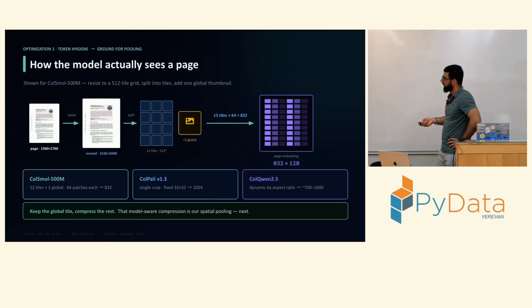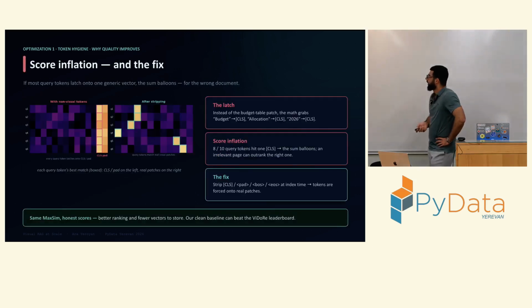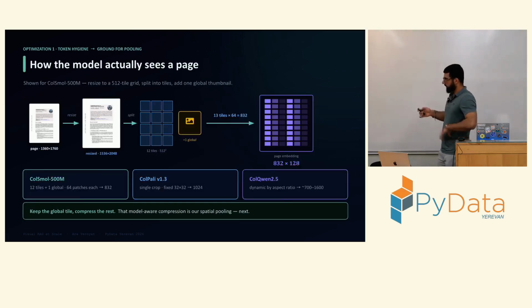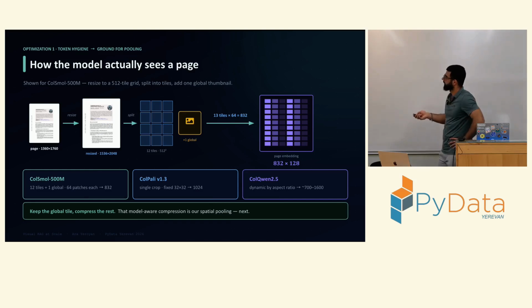We will see that later. Eventually it will provide 1024 if we remove these extra tokens; otherwise it will be 1030-something. So having this in mind, our idea is to reduce this matrix.